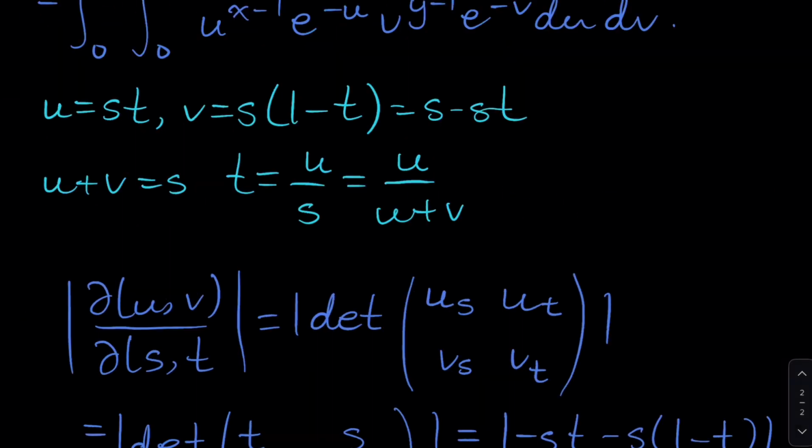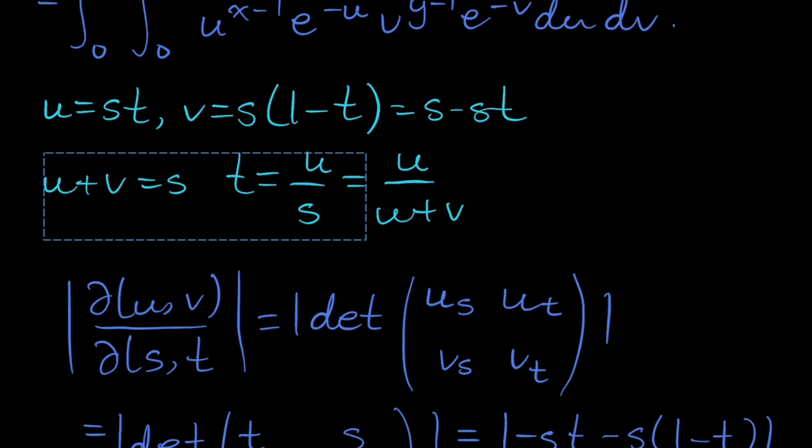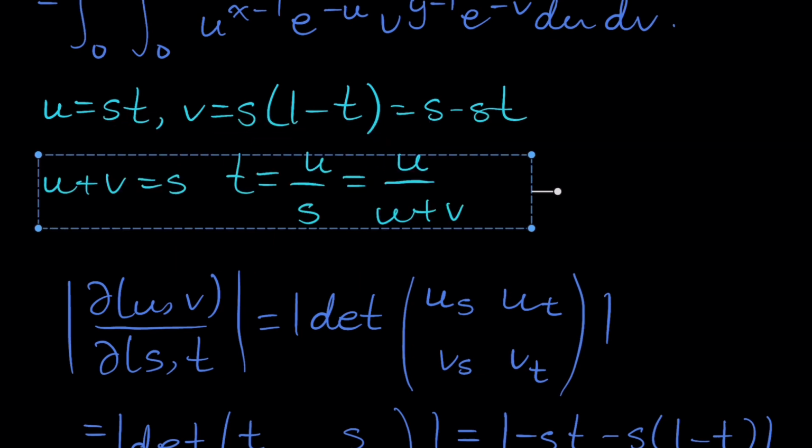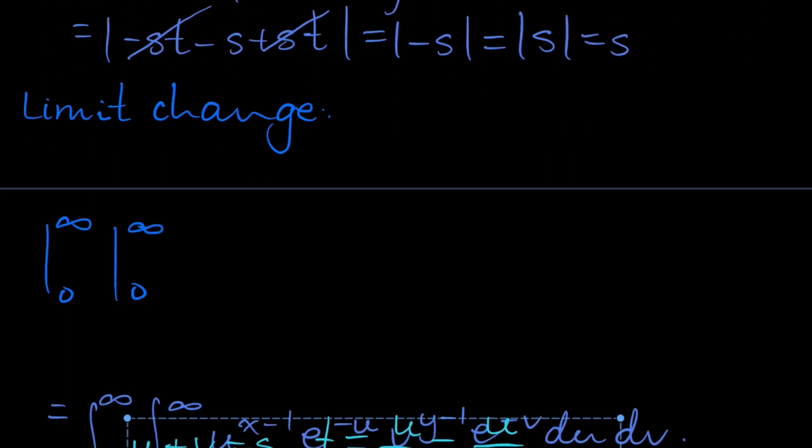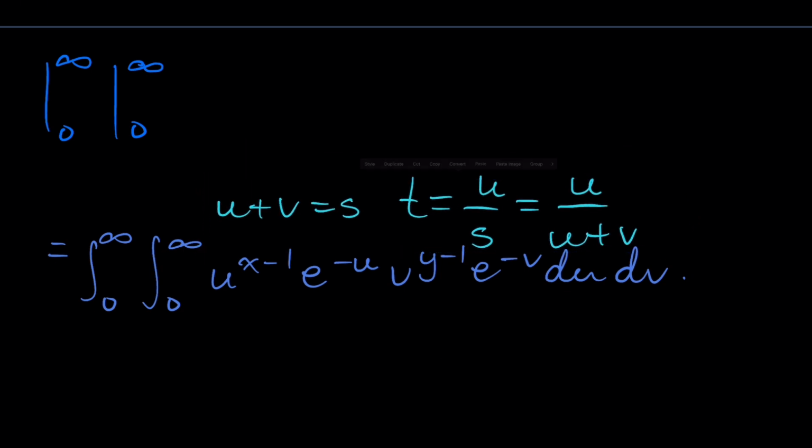Now, we also have to resort to the expressions for each of the variables. Okay, fantastic. Now we have the information over here. So this is the limit for u and this is the limit for v. And when u and v are equal to 0, we have 0 for our s value. So this is the limit for s.